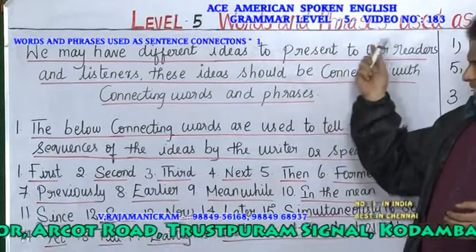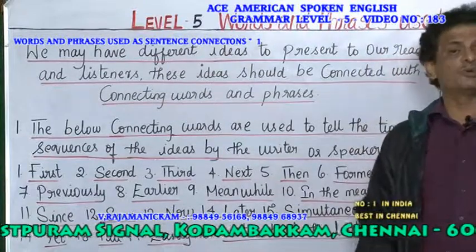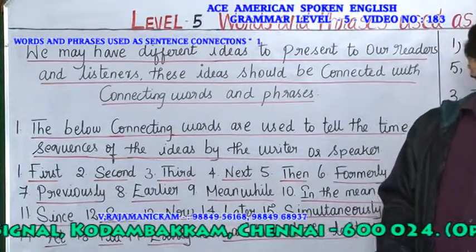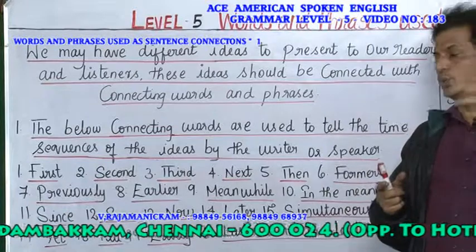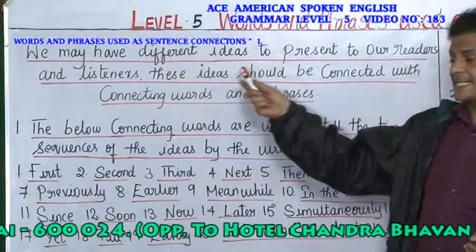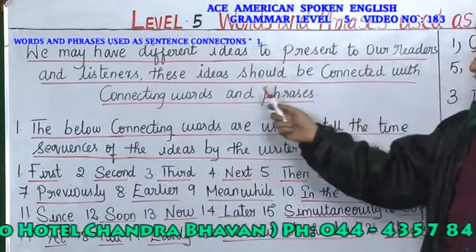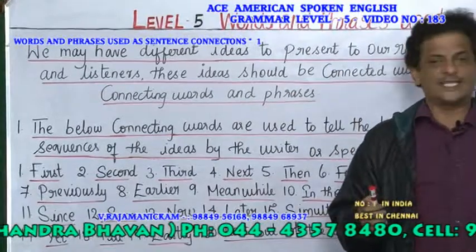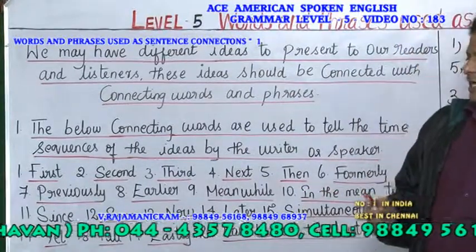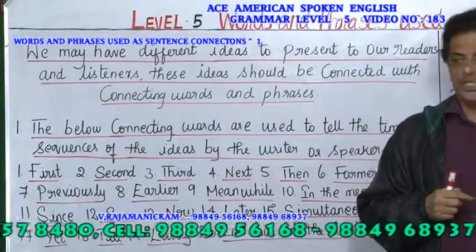You want to present the ideas to your readers and listeners. Listeners means the people to whom you are speaking. You want to speak and tell various ideas to the people who are listening. These ideas should be connected with connecting words and phrases. One idea: in the summer vacation, I am going for a tour, a North India tour.